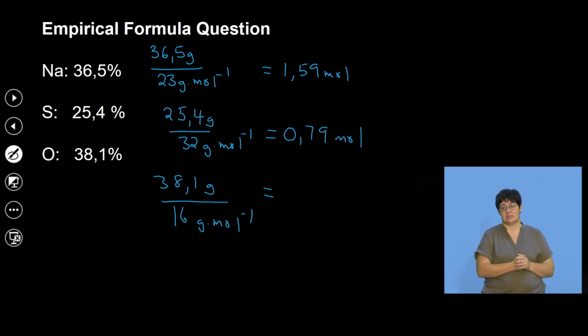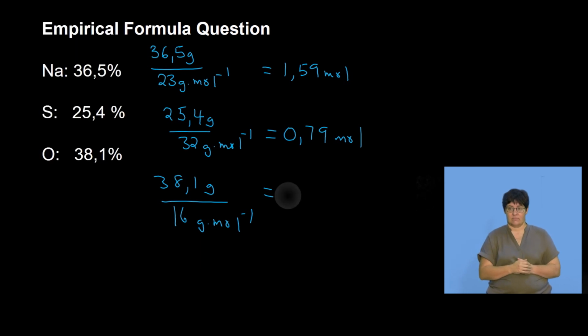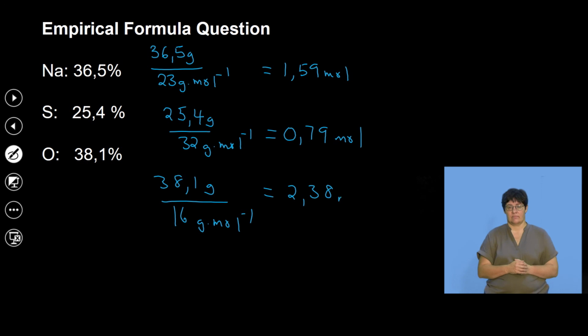And then the last one for oxygen, what do we have? We have 38.1. We divide that by the molar mass of oxygen, which is 16 grams per mole. That expressed as a decimal fraction is 2.38 moles, right?